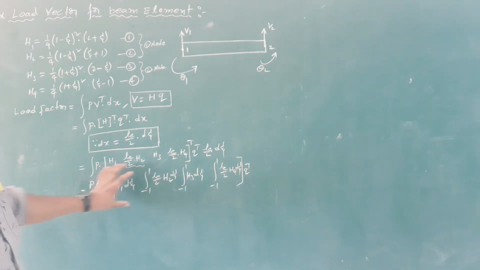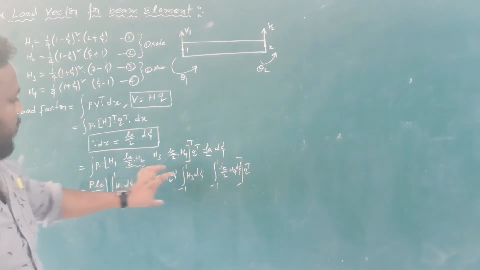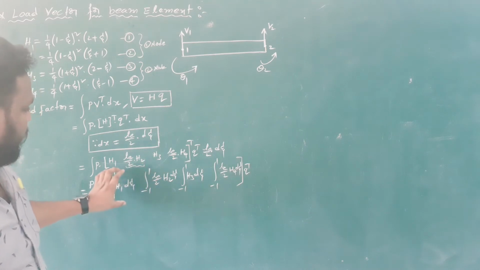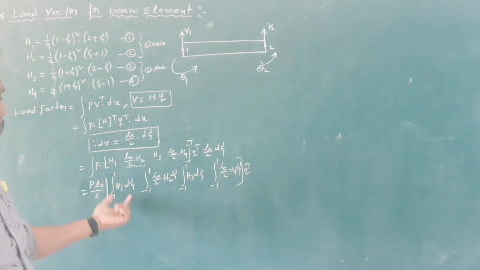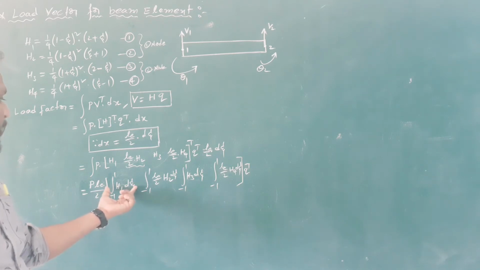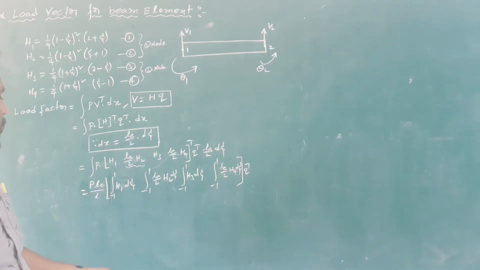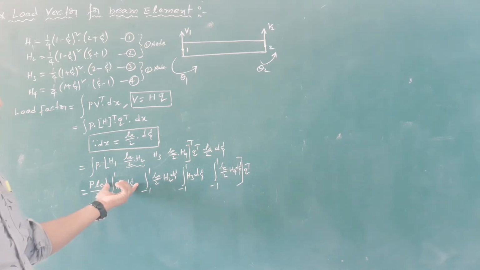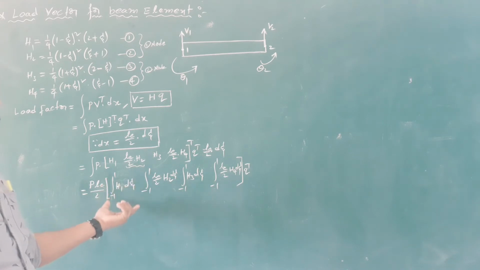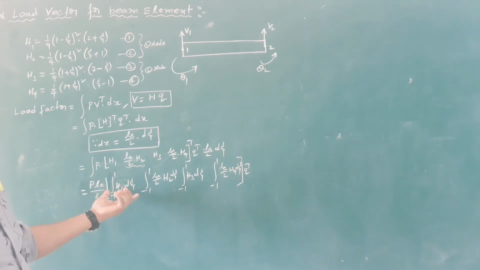Just substituting all the values here. Now the integral of H1, H2, the first component I am taking, and some simplification is there, so that's why I am taking this component. After simplification, I will substitute all these values. First we take this component and simplify, and then substitute here.